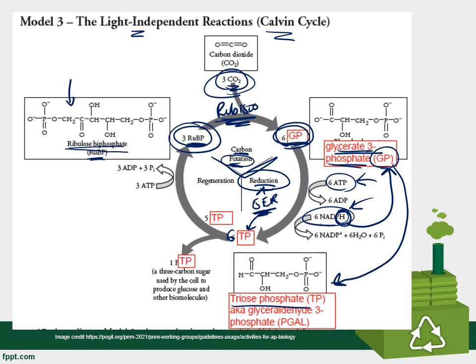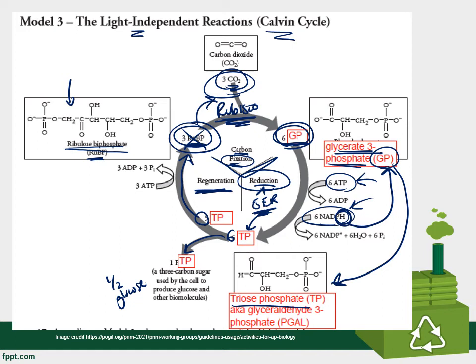Here's the weird thing. One of those TPs is going to exit Calvin's cycle, and it's basically half a glucose molecule. We have half a glucose. The other 5 triose phosphates are regenerated back into RUBP so that we can do the whole thing all over again. If we used up all our RUBP, we could only do this one time, and then you'd have half a glucose, and that was the end.